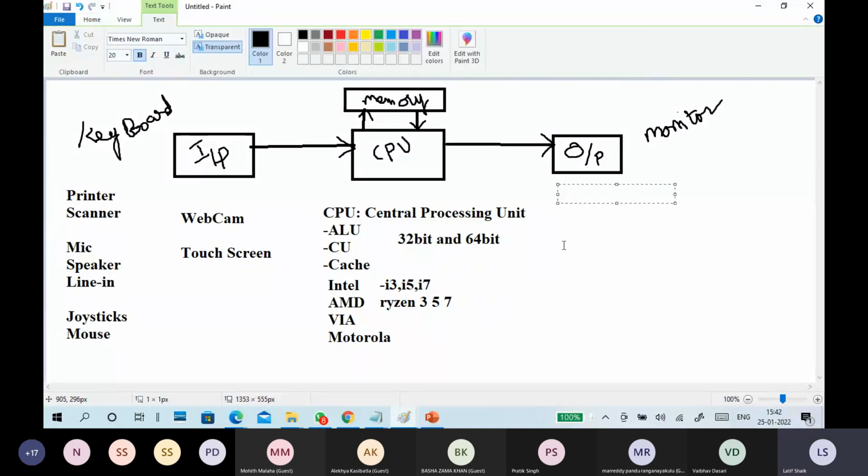Here I want to talk about memories. There are primary memory and secondary memory.